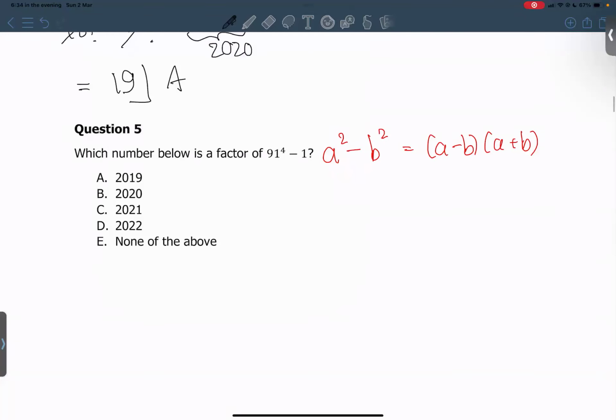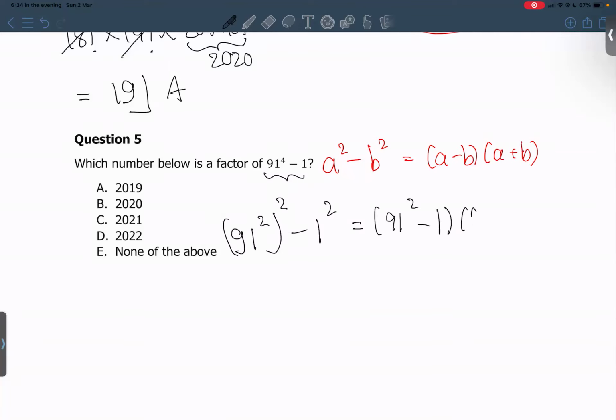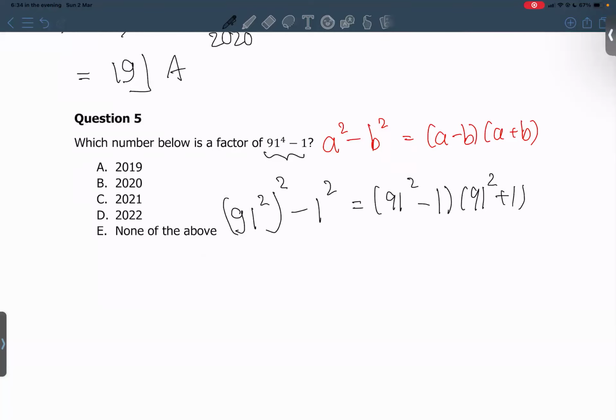So from here, you can just rewrite the expression that they gave you to be 91 squared squared minus 1 squared. So you can just do like the formula above. You'll get 91 squared minus 1, 91 squared plus 1.